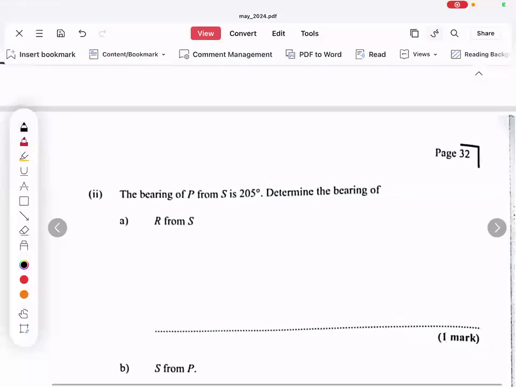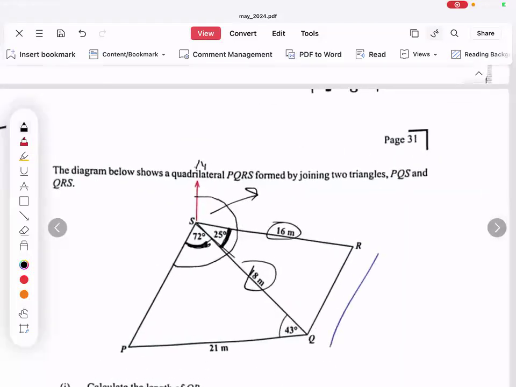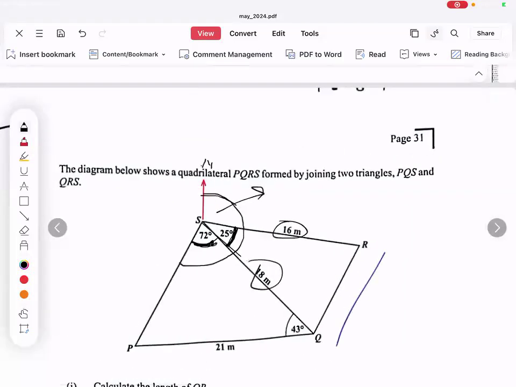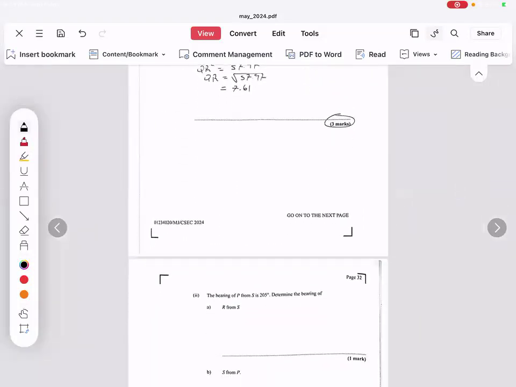Now they're asking you for the bearing of R from S. So they want to know where R is, but you have to measure it from S. And just as I thought. So what would you do if you want to find this? If all of it is 205, what would you do to get the rest that's missing? Sir, add 72 plus 25 and then subtract it from 205.